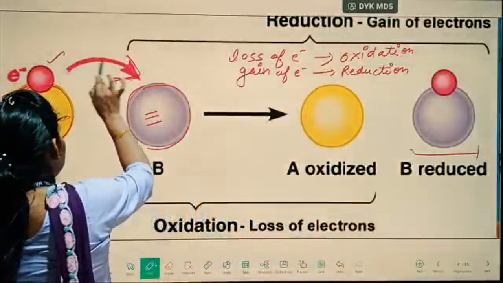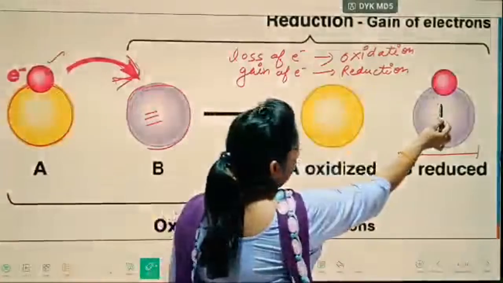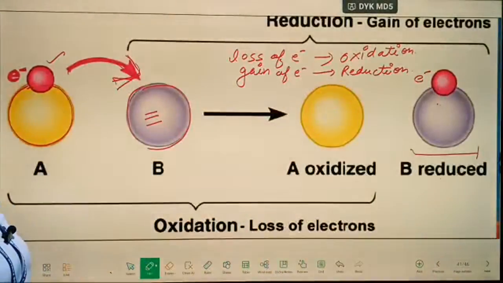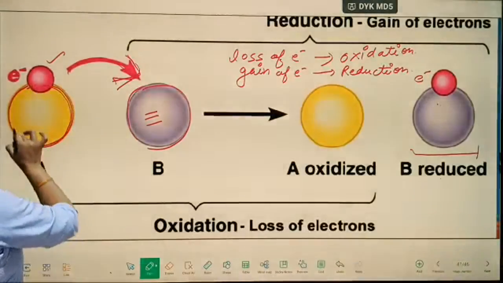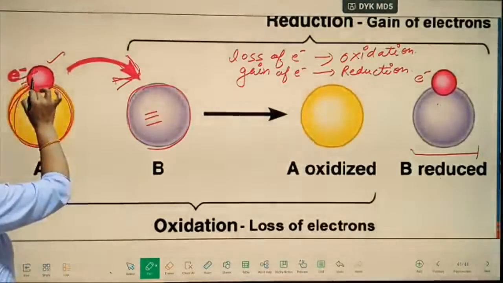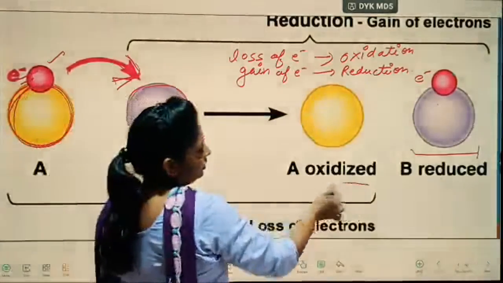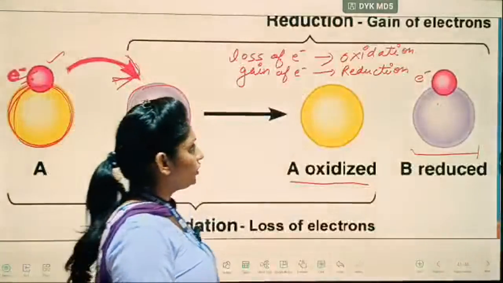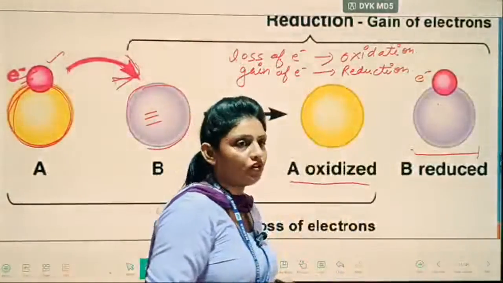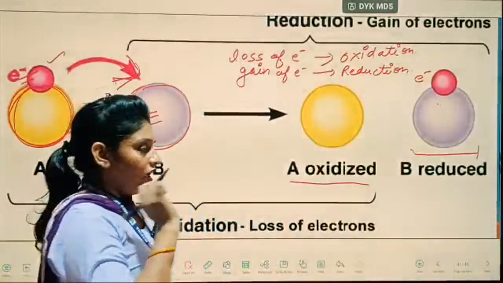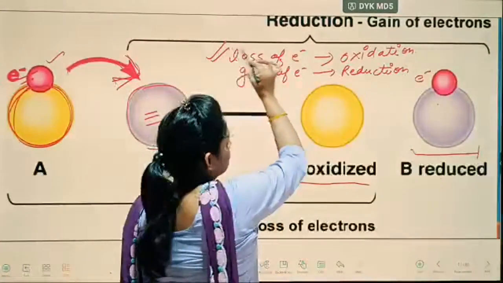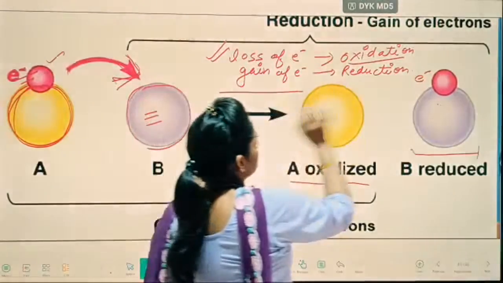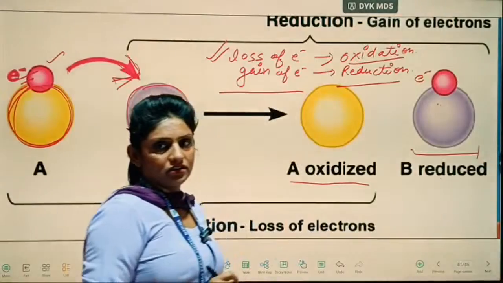Now this gains electron, so B is reduced, and which one is losing electron? This one is losing, so it is oxidized. Clear or not? So in terms of electron, you can also understand the concept of oxidation and reduction. If loss of electron takes place, then it is oxidation, and if gain of electron takes place, then it is known as the reduction.